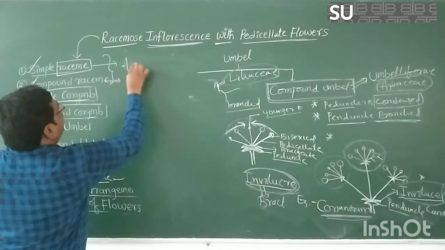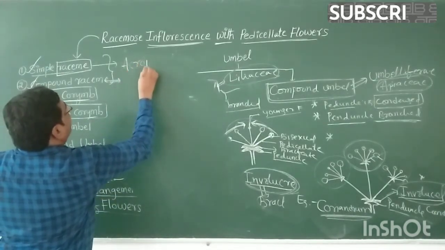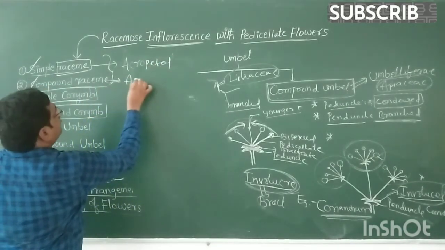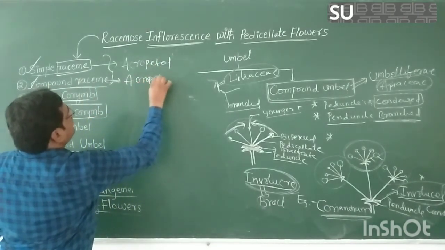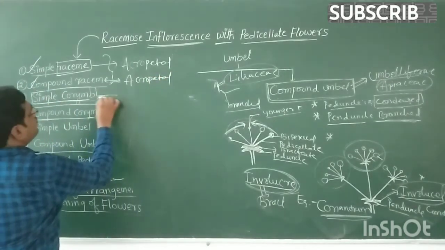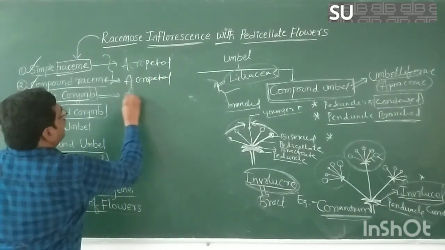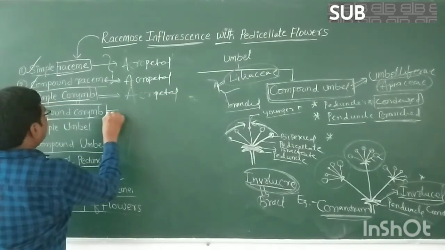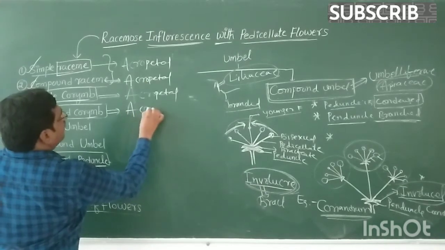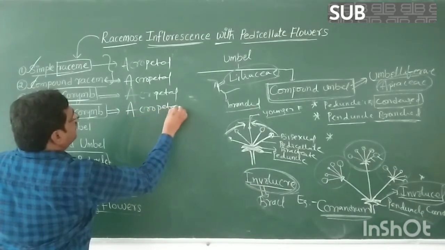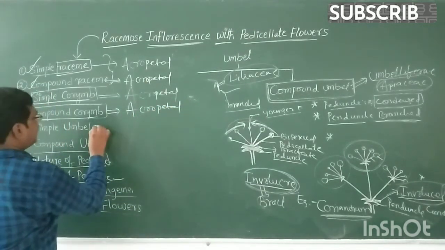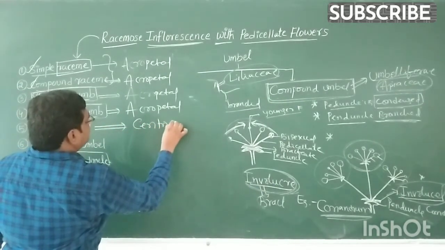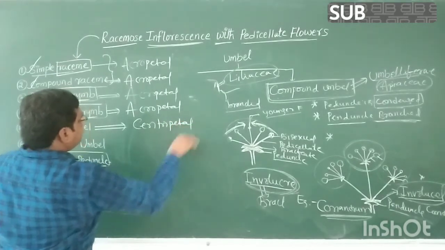Compound raceme also has acropetal succession, and simple corymb is also acropetal succession. Here compound corymb also has the order and opening of the flowers called acropetal succession, but simple umbel is centripetal succession.